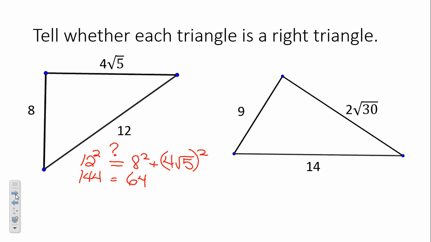Going to get rid of the square root, exactly. So when you square a square root, it's gone. And what do we have to do to the 4 then? Times it by 4. So we want to square the 4 and then take the radical away from the 5. Because squaring 4 square roots of 5 means take it times itself.